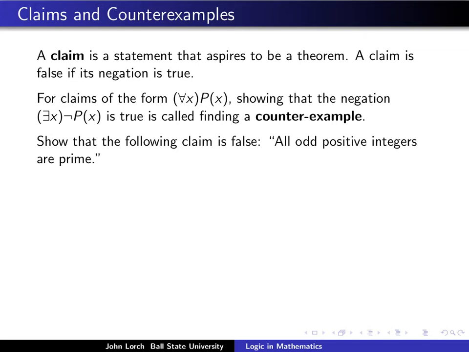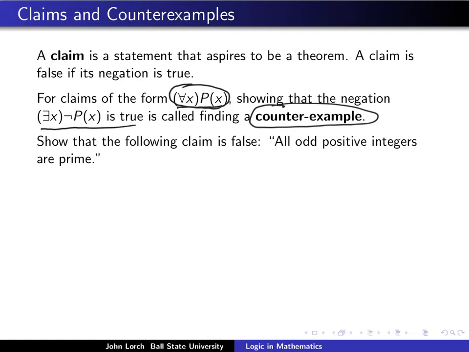If you have a claim of the form for all x, p of x, showing that the negation is true, that is, there exists x such that not p of x is true, is called finding a counterexample to this claim, and it will show that the claim is false. For example, we have this claim: all odd positive integers are prime. That is a claim that has this form.